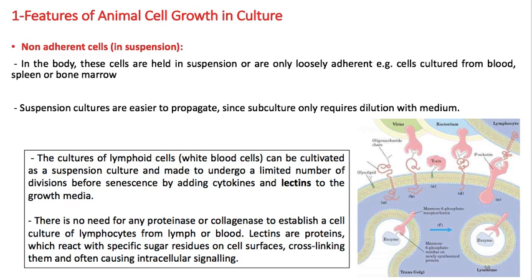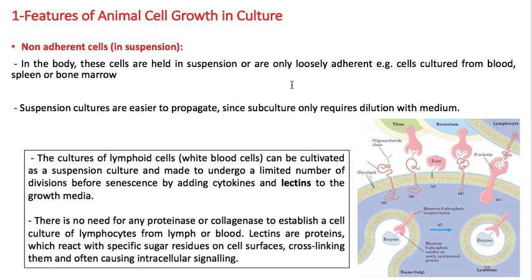That was for the adherent cells. For the non-adherent cells cultured in suspension, like the hematopoietic stem cells, meaning cells cultured from blood, spleen or bone marrow, they adhere poorly to the culture dish.